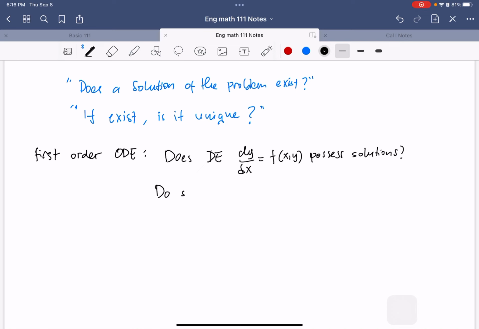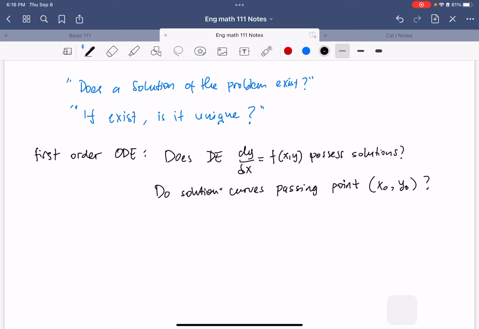Do the solution curves pass through a certain point x0, y0?